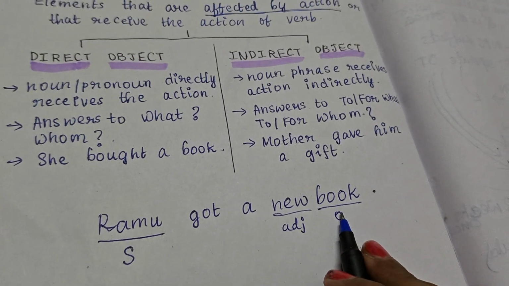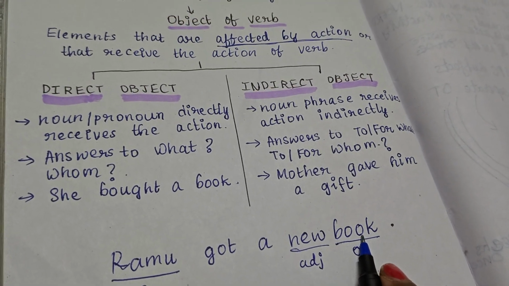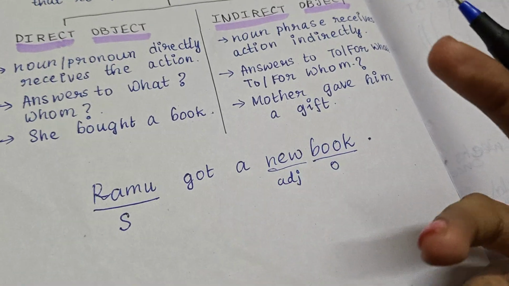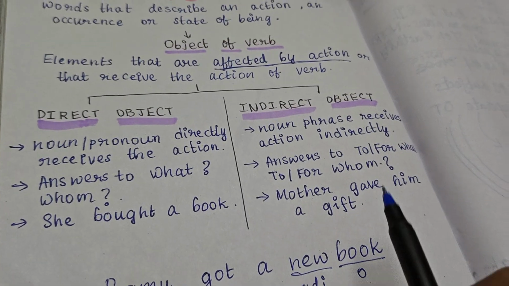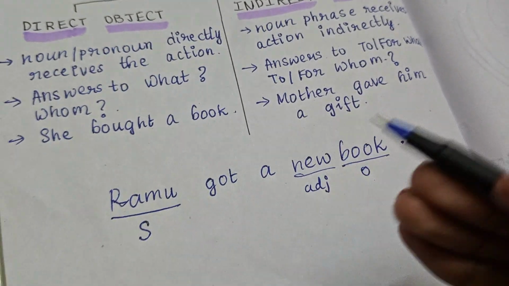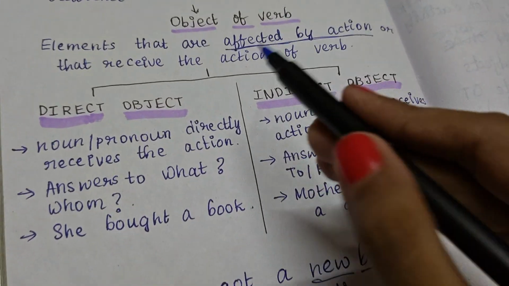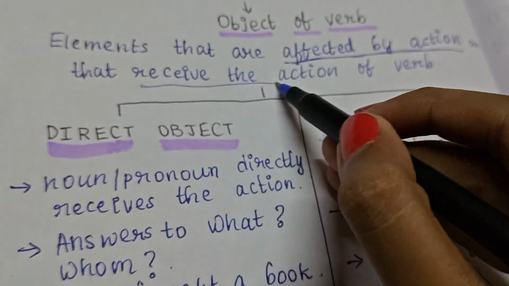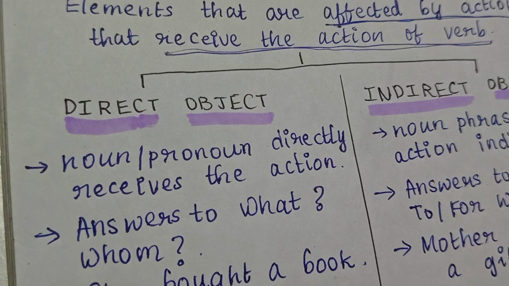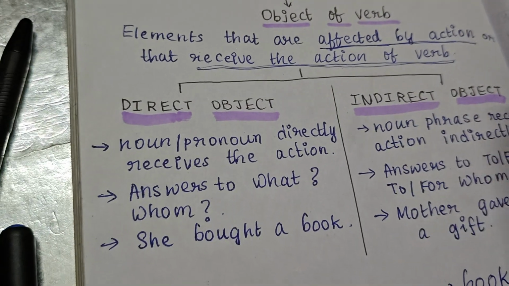Now, this object you can see is affected by action. Ramu got this book. He got what? He got this book, or received this action. So that's what they are meant to tell. Elements that are affected by action or that receive the action of the verb.